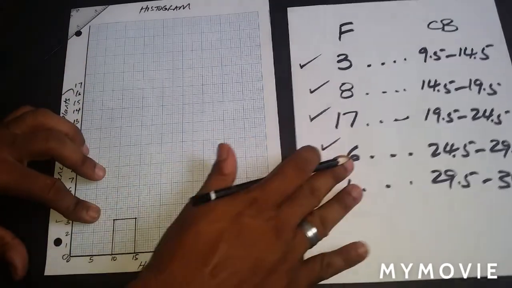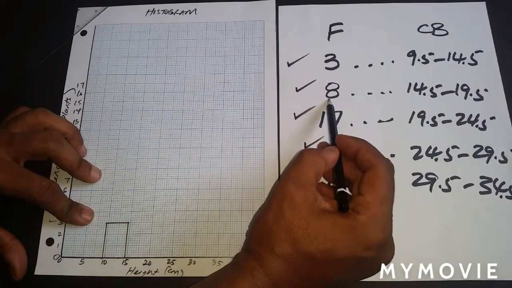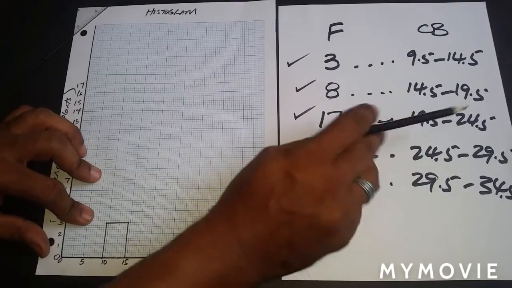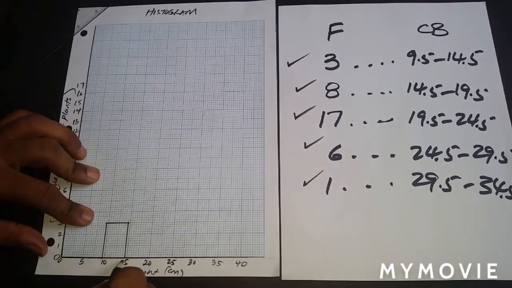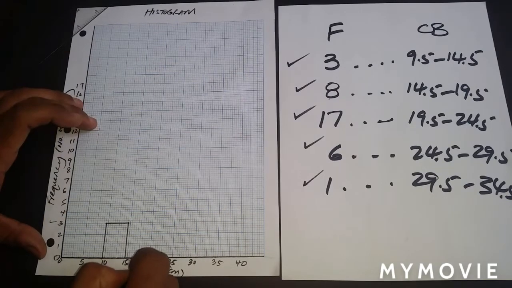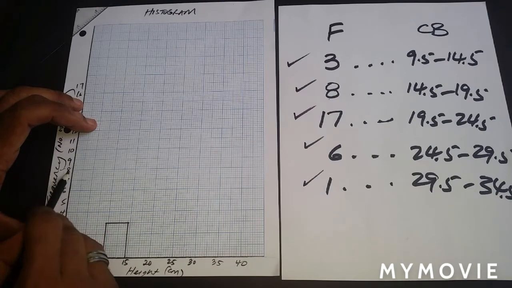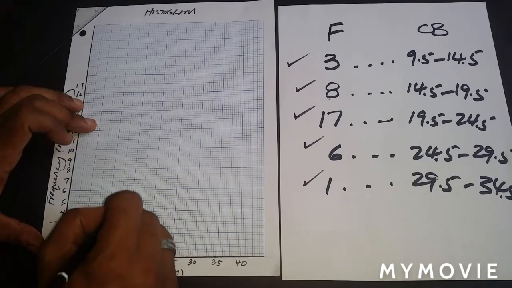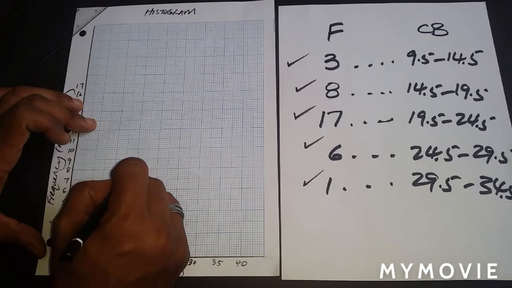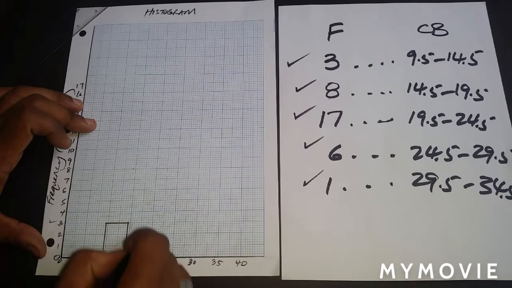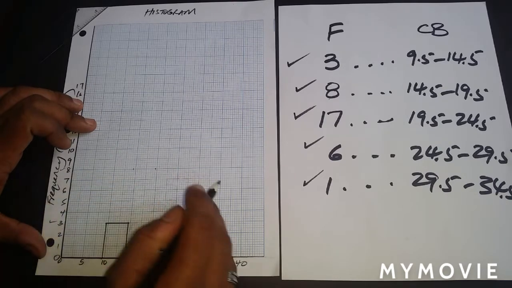The next one says the height of the bar is 8, and we're using these class boundaries here. Now we've already found one here, so we need to find 19.5, which is here, and that height goes up to 8. So all I'm going to do is follow this line up to 8, which is here, and similarly follow this line to 8.